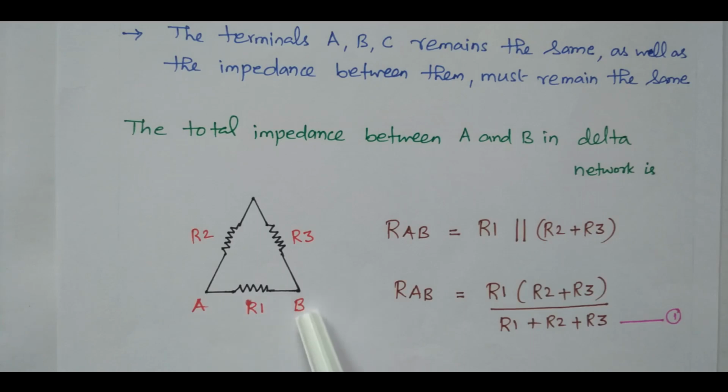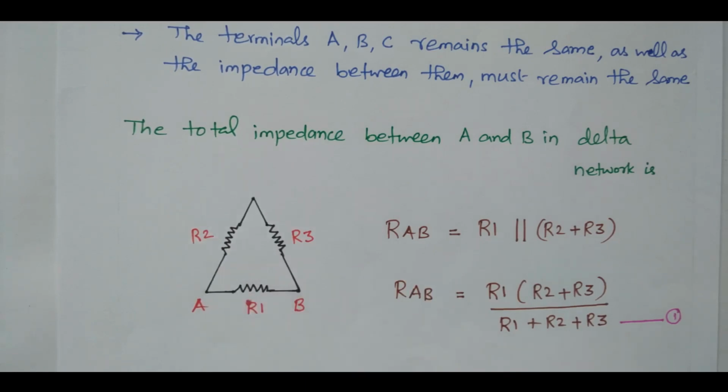So between A and B we have R1, and R2 and R3 in series, in parallel with R1. So RAB is nothing but R1 connected in parallel with R2 plus R3.